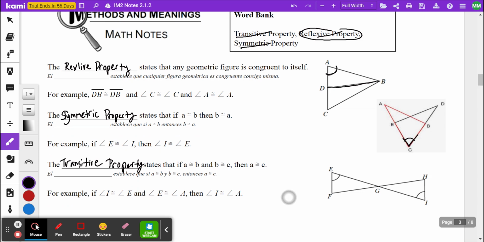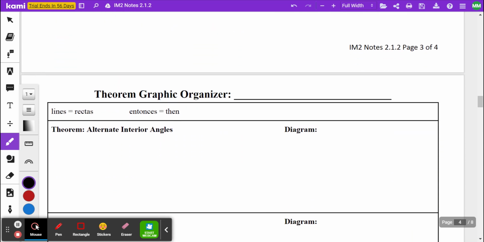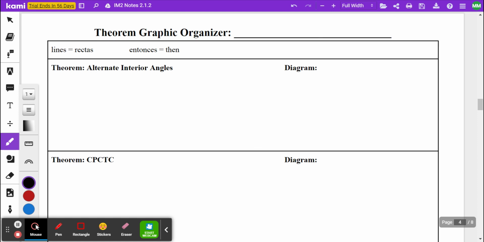Let's continue. We're going to go over some theorems. These are theorems that are useful for proving congruence. First theorem, alternate interior angles. We've seen alternate interior angles before.